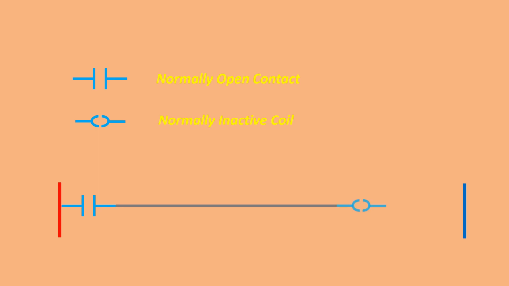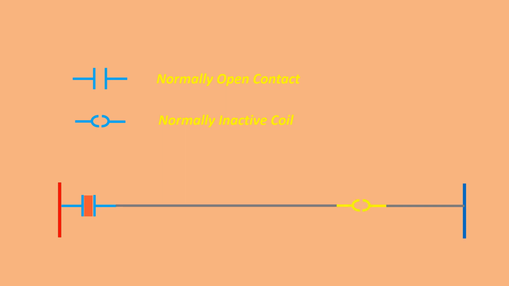Since this is a normally open contact, by default this coil will not get energized. So if we energize the coil, the contact closes and a circuit is established. So the current will flow through this contact and reach the coil, and the coil is energized.